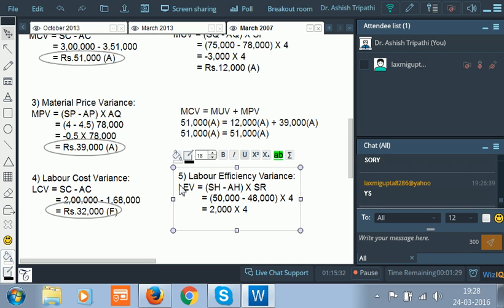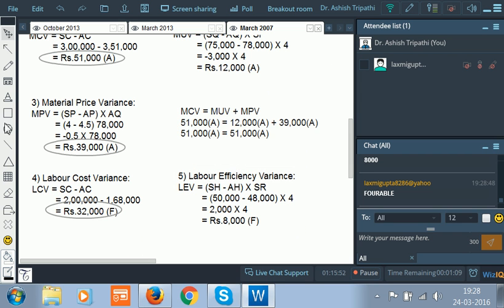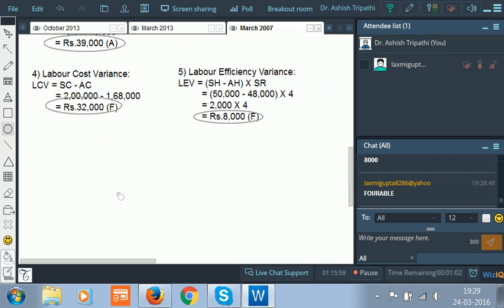So that will give you 2,000 into 4, which is equal to 8,000. Correct. So we will say rupees 8,000 favorable. You are absolutely right. 8,000 is the right answer.